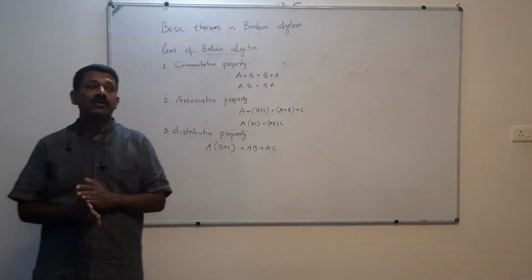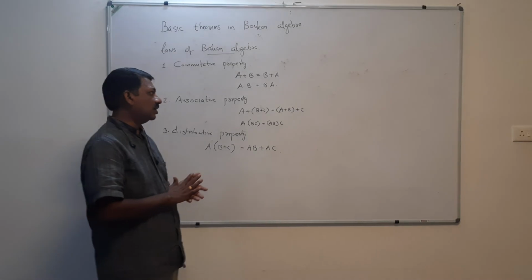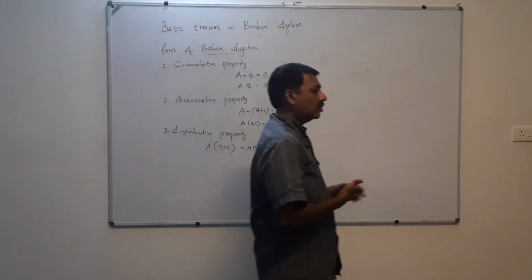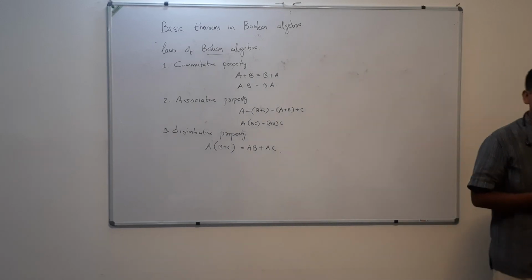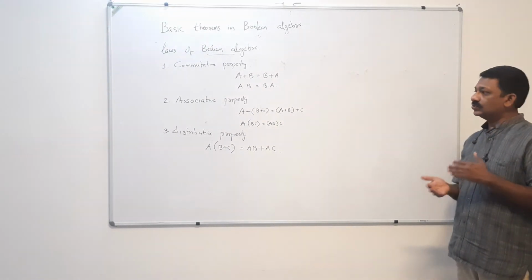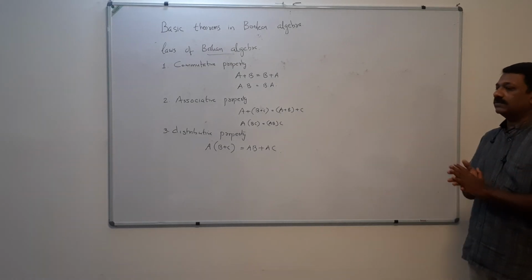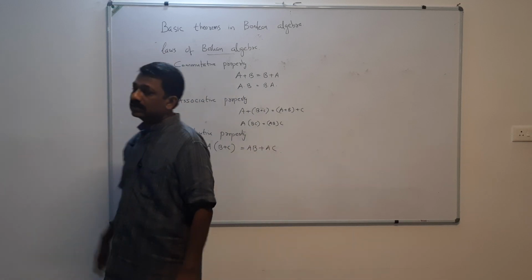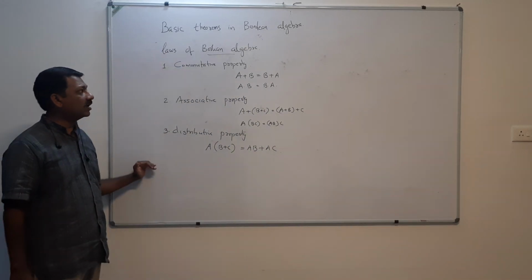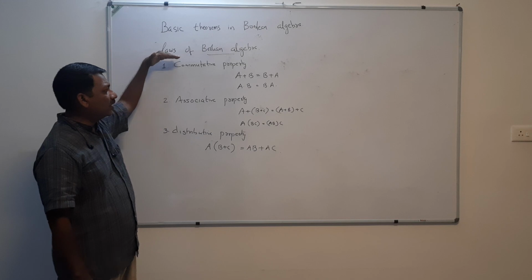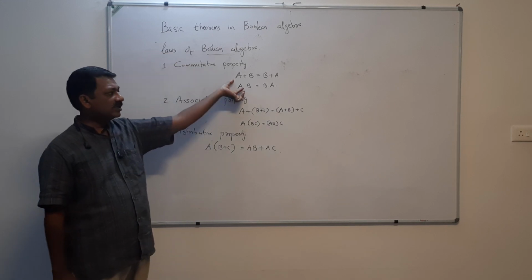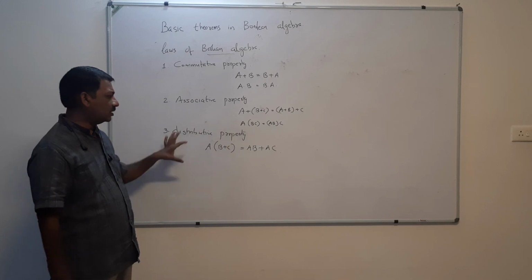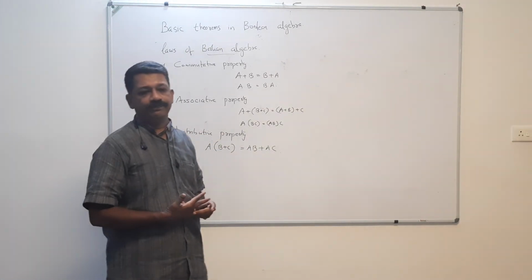Those are the two basic De Morgan's theorems, and after that we studied how to simplify Boolean expressions using our postulates as well as De Morgan's theorems, and we have discussed the different properties of Boolean algebra. AND operation and OR operation are commutative. Both operations are associative and satisfy the distributive property also.